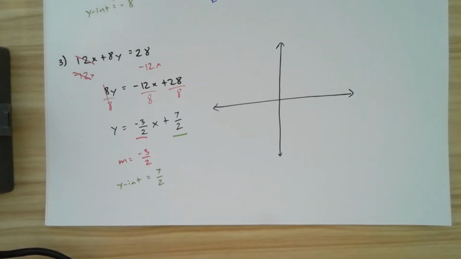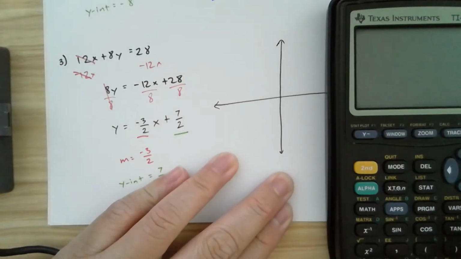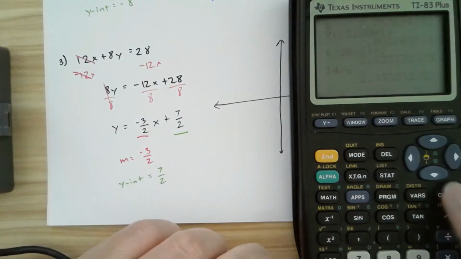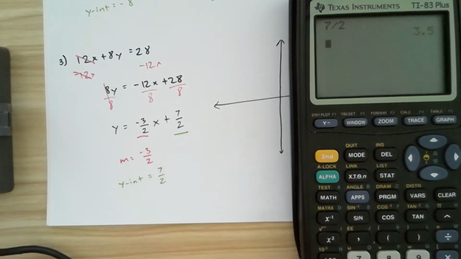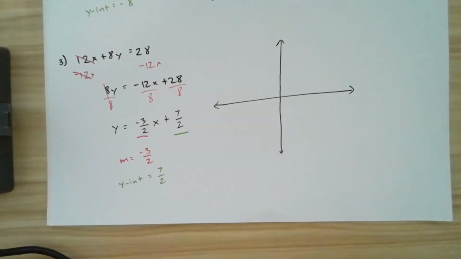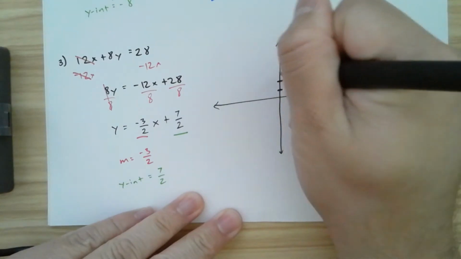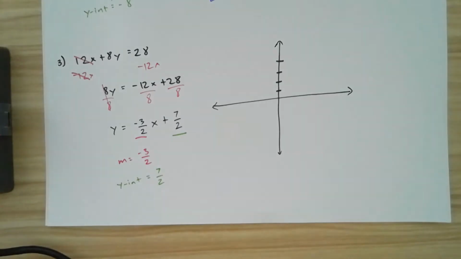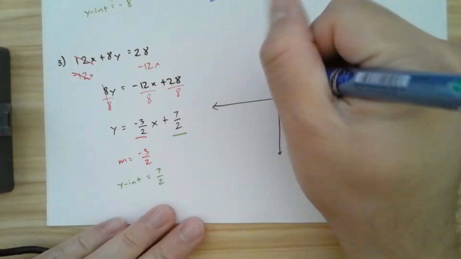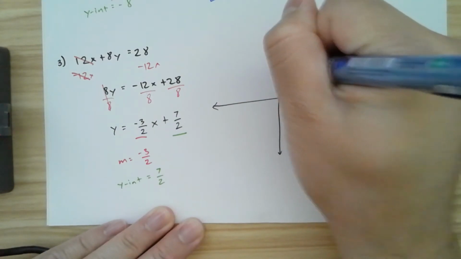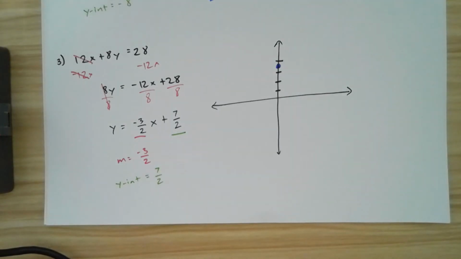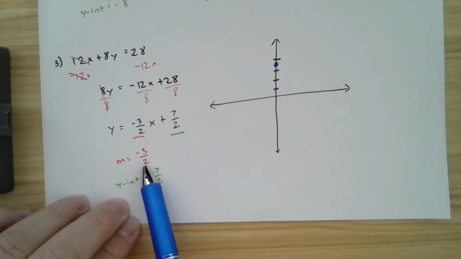Now, y-intercept 7 over 2, you might be like, well, wait a minute, that's a weird fraction. I don't know what that is. Okay, well, then use your calculator. 7 over 2 is 3.5. Okay, so then you're going to go to your plane. 3.5 is in between 3 and 4. So, boom, right there. Okay, then the slope is down 3, right 2, right?